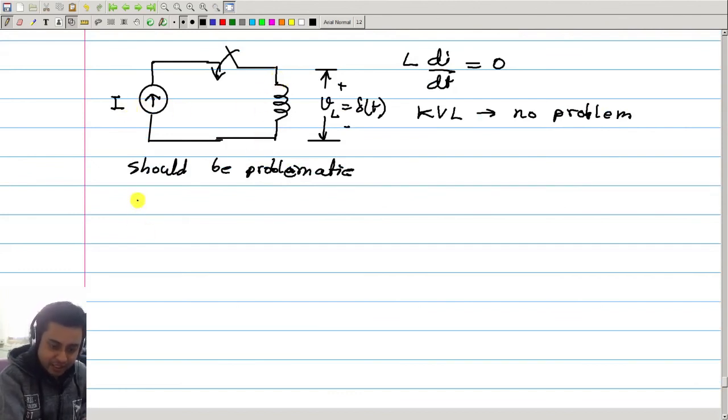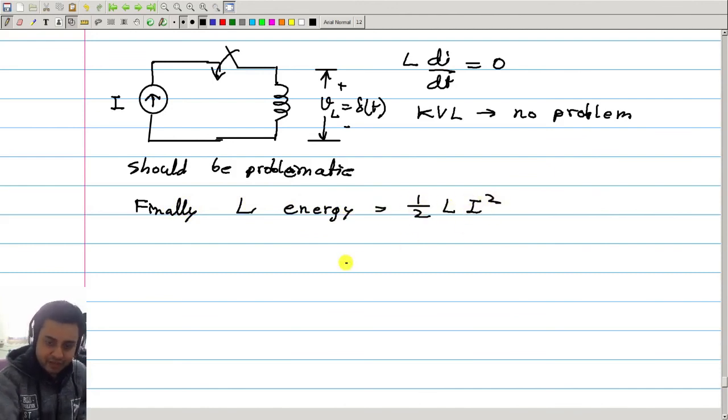Finally, the inductor energy will be half L I square. Now, what is the energy supplied by this source? Energy from source will be the product of voltage and current.